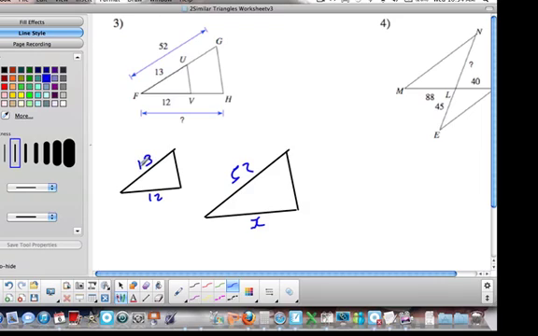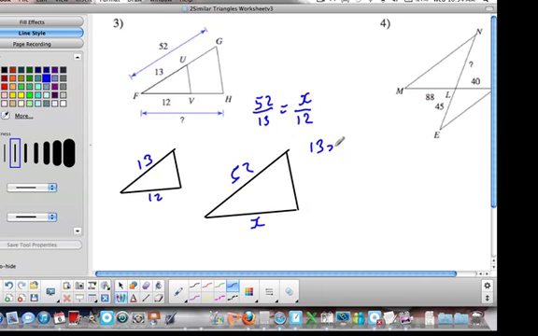So 13 corresponds to 52, so we can write 52 over 13 is equal to, since we put the larger triangle value on top of our ratio, x over 12 to complete our proportion. Cross multiply.